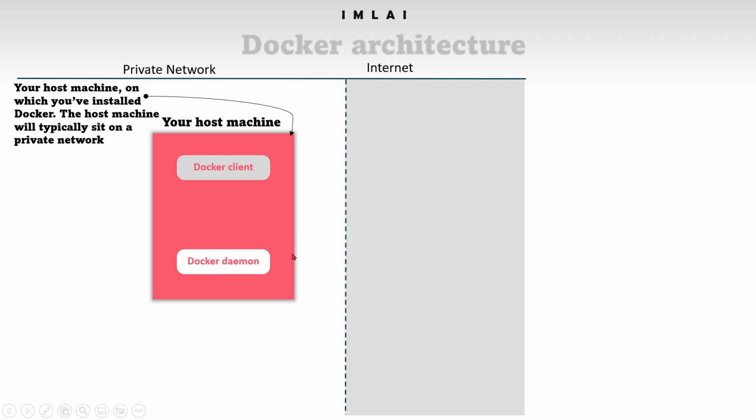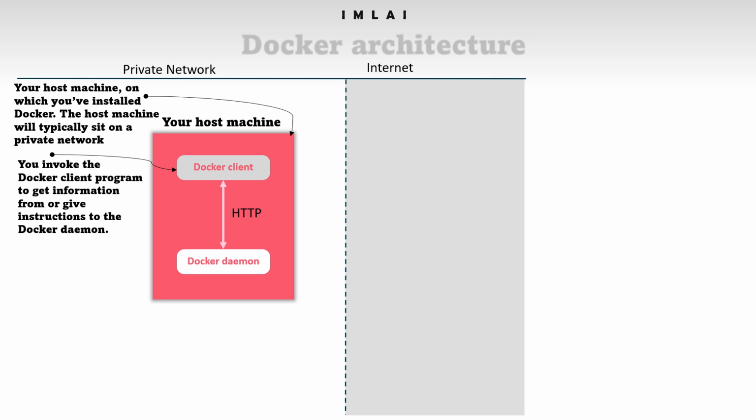Now, a daemon with a RESTful API and a client that talks to the daemon. This slide shows your host machine running the Docker client and daemon. You invoke the Docker client program to get information from or give instructions to the Docker daemon.